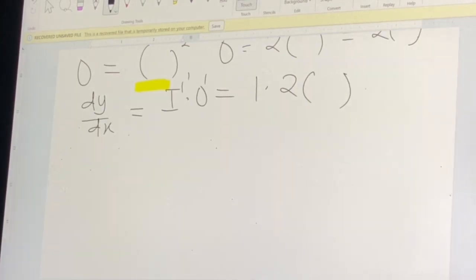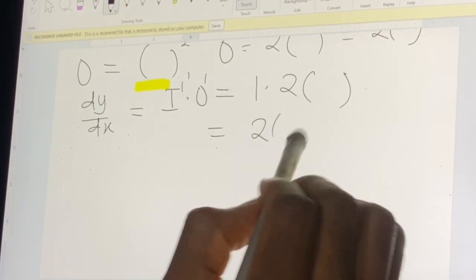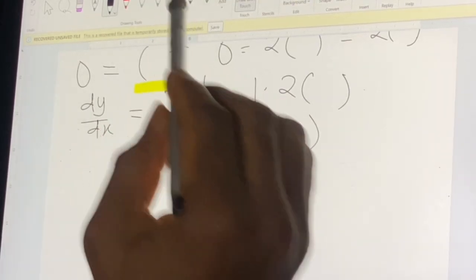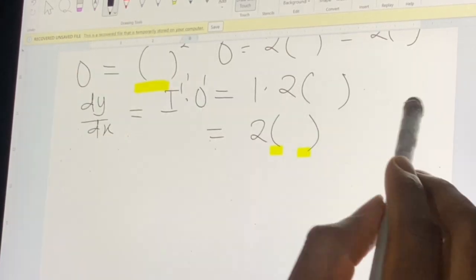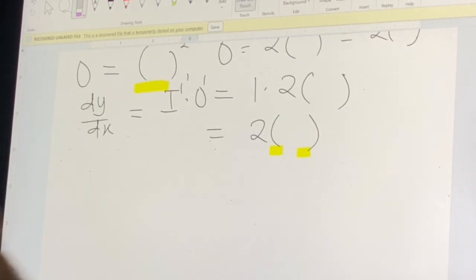Please take note. All right, class, 1 times 2 gives us 2 bracket open and close. In mathematics, we don't have anything like empty brackets except in sets. And of course, this particular bracket here is not for sets. We use curly brackets like this in terms of sets. So we don't have anything as empty brackets in mathematics.